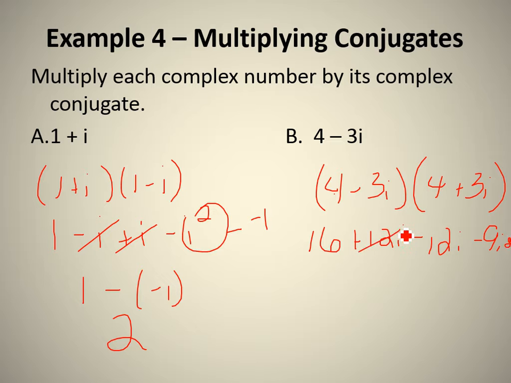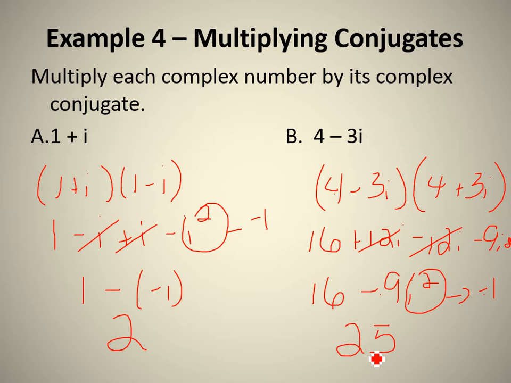So the middle terms cancel out again, and what I'm left with here is 16 minus 9i squared. So just remember, I'm going to make i squared equal to negative 1. So when I do negative 9 times negative 1, that's positive 9, and when I combine that with the 16, I get an answer of 25.